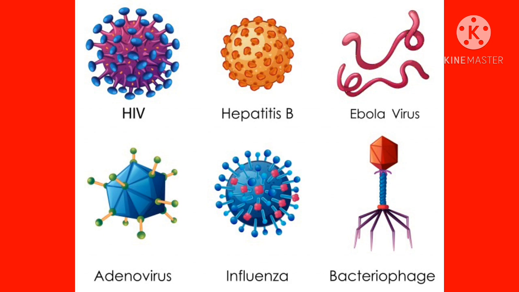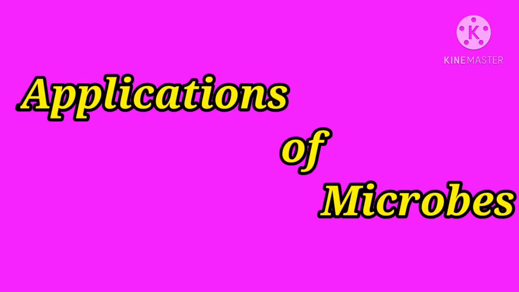Second one, animal virus. The virus that infect animals. Example, adenovirus. Third one, bacteriophages. Virus that infect bacterial cells. Example, T4 bacteriophage. Okay. Shall we move to today's class?